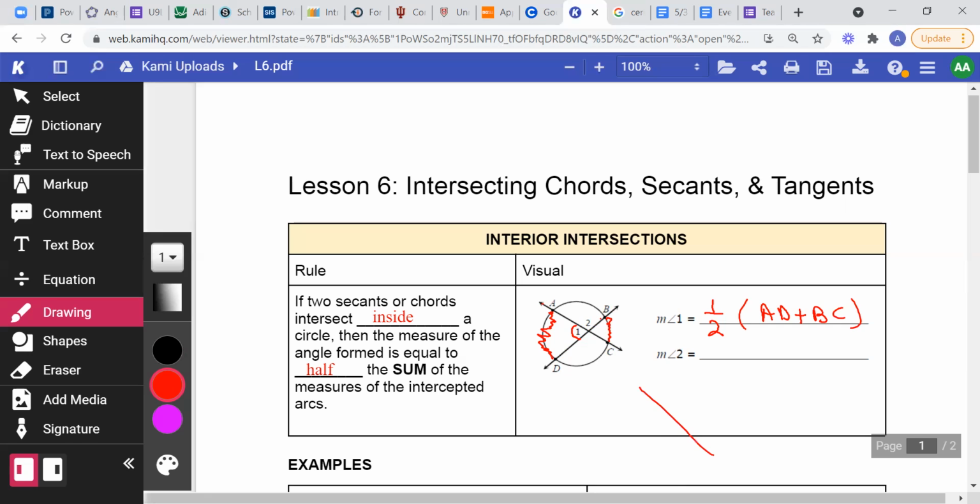Since these two lines intersect here, this angle is going to be half of the sum of this arc and this arc. Simple explanation.